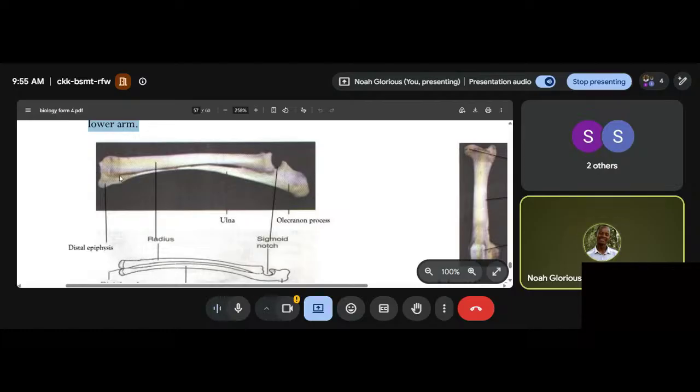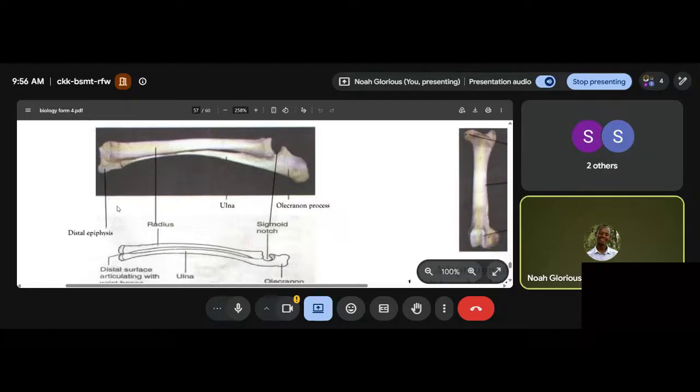Again, the ulna has this hollow here, which is called the sigmoid notch. We have already talked about the olecranon process, and we said a process is like a bone that is projected outwards, like that.